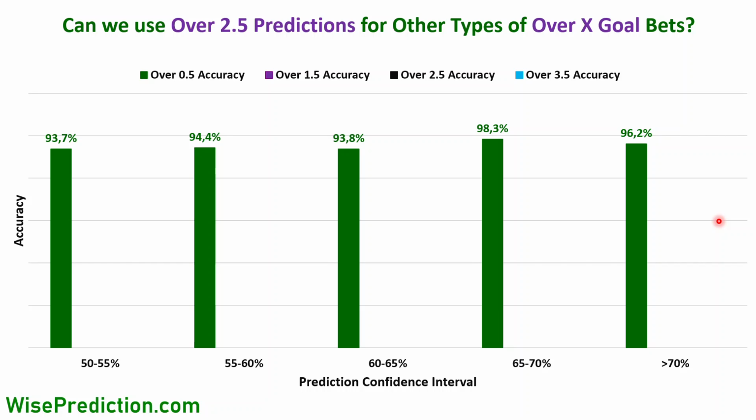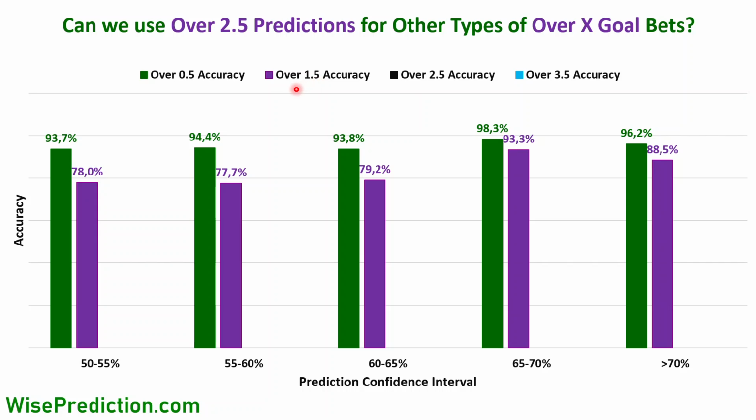For some matches, maybe the bookmakers do not really give any odds for over 0.5, but for most of the matches, they happen to provide such bets, or odds for such bets actually. If we have a look at the over 1.5 accuracy, it already starts from 78%, and it continues around 78% again, and 79%.